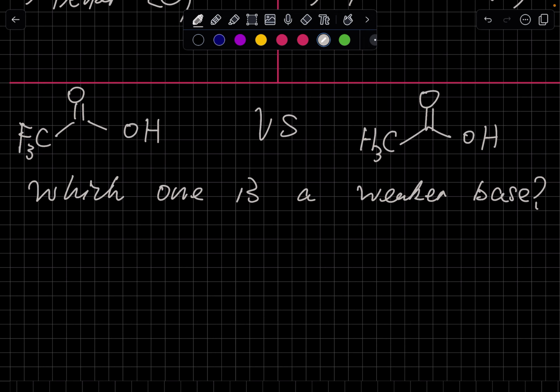Very quickly, we can use the trick. If it was me, I would say this is a carbon and fluorines, and fluorine is super electronegative. The carbon is very partial positive due to the fluorine, so it wants to withdraw electron density.